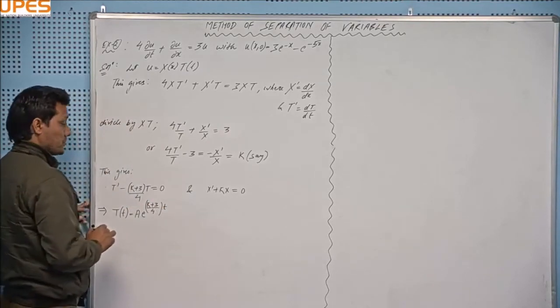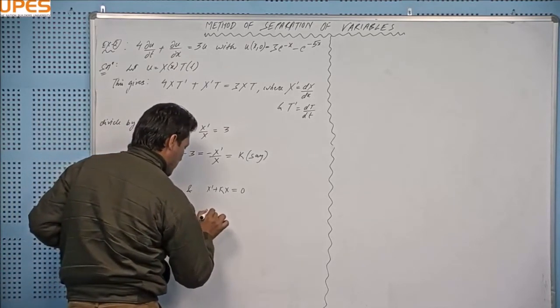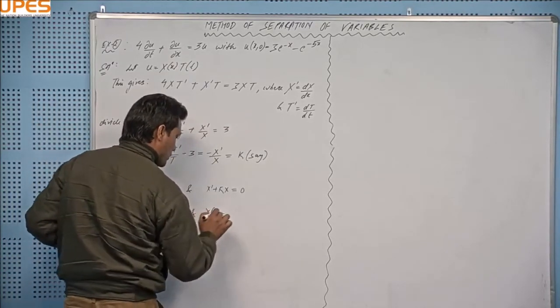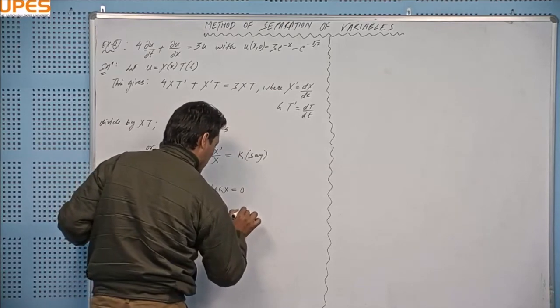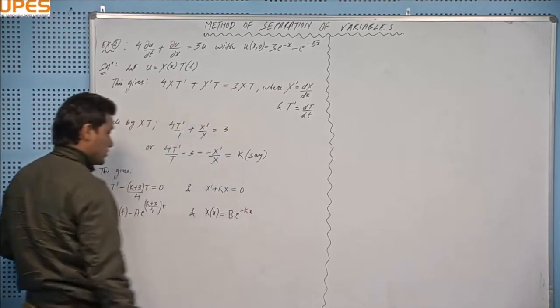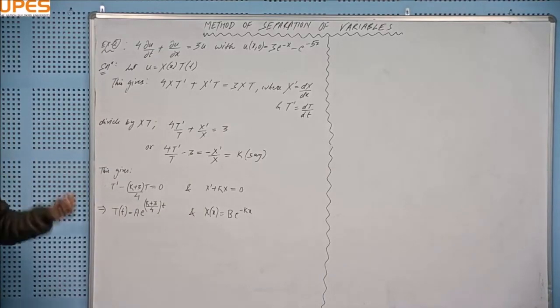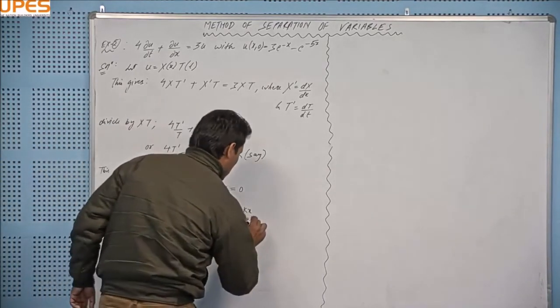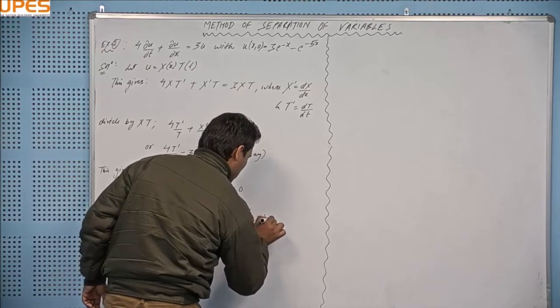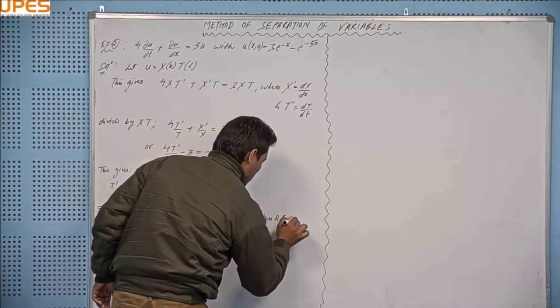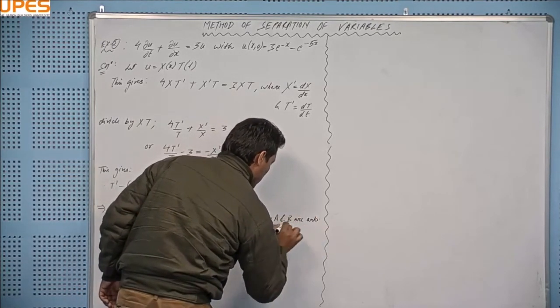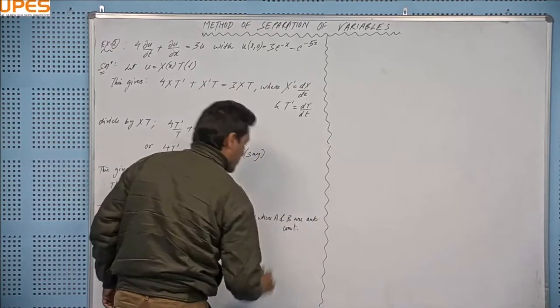So this should be the solution. And for this one, capital X as a function of x is equal to capital B times e to the power minus kx, right? You can verify them, where capital A and capital B are arbitrary constants.